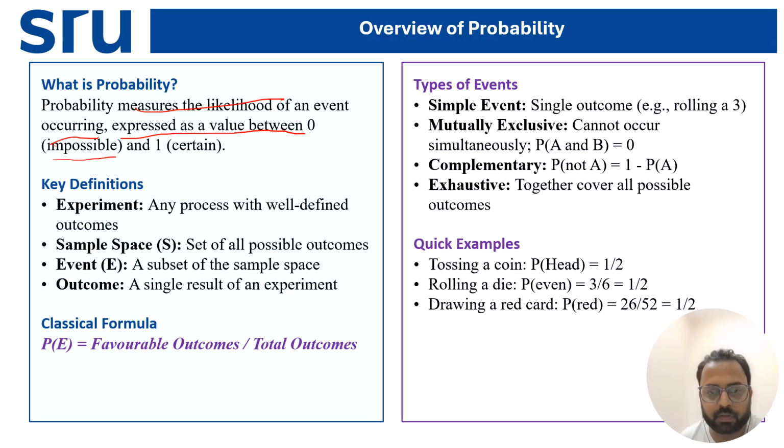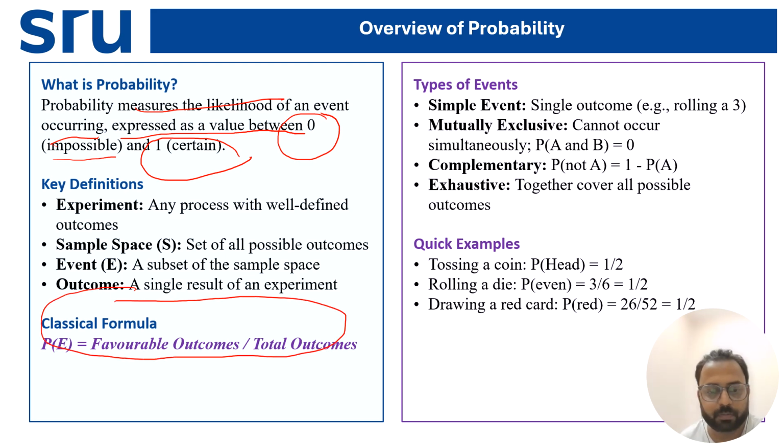A probability of 0 means 0% chance of occurrence, and a probability of 1 means 100% chance of occurrence. In the last lecture, we discussed types of events. Probability formula: probability of an event is equal to the number of favorable outcomes divided by the total outcomes.